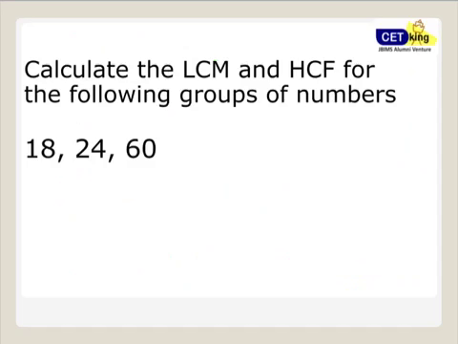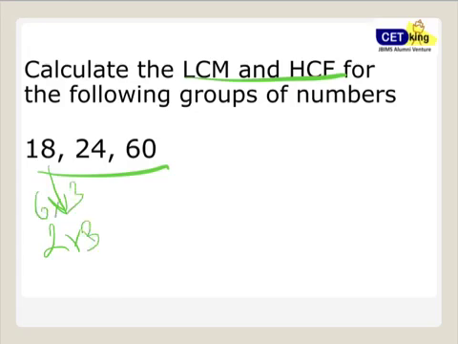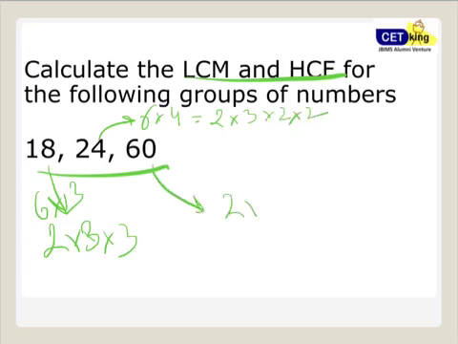Alright, can you help me find the LCM and HCF for the numbers 18, 24 and 60? Don't look at the board, do your own calculation. HCF is always easy, all the common factors, so that should not be a problem.